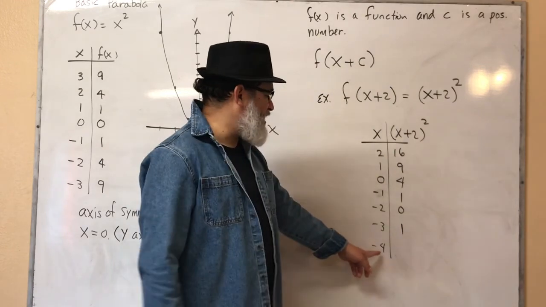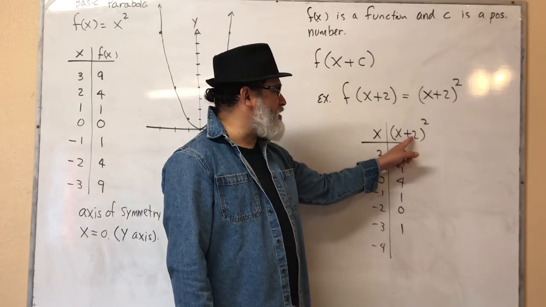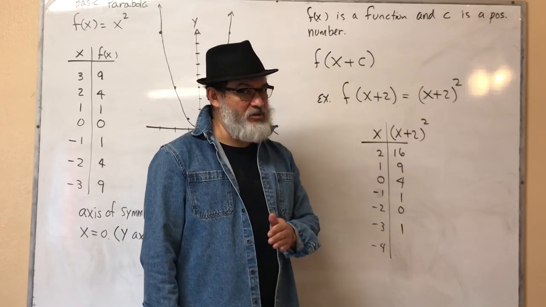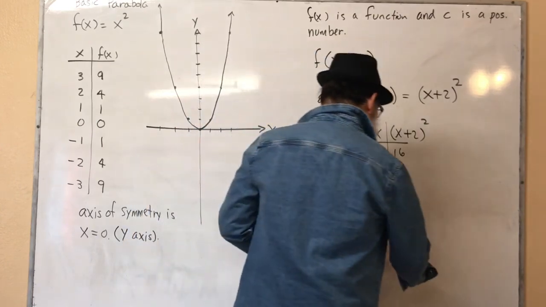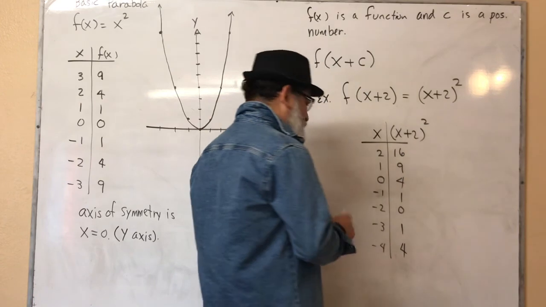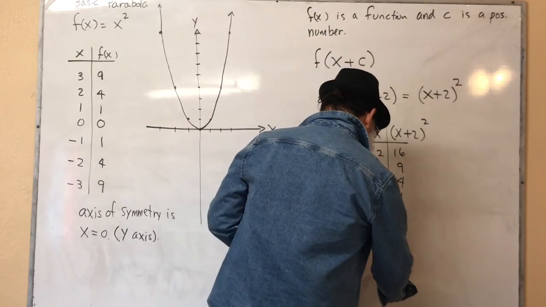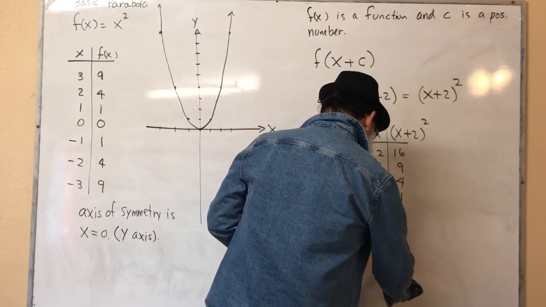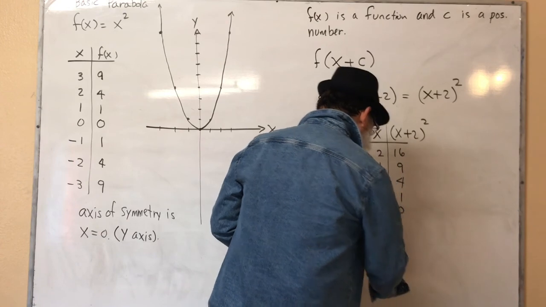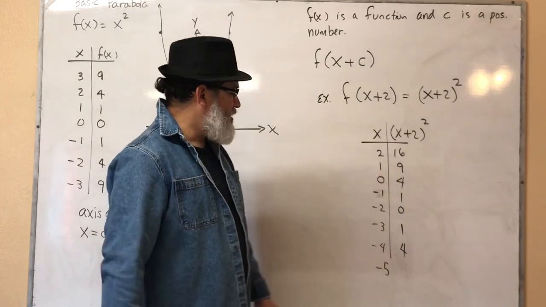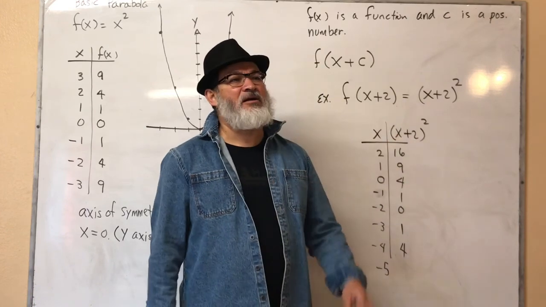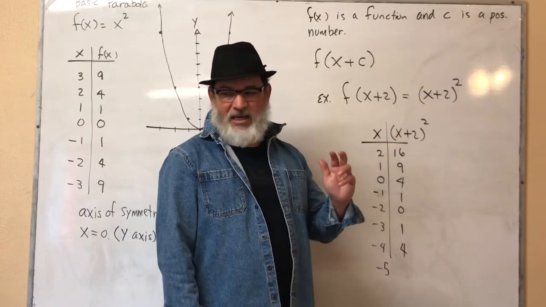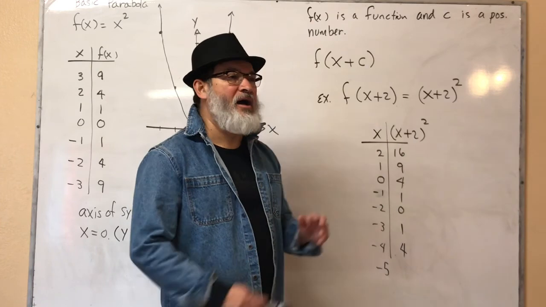If x is -4, what's -4 plus 2? That's -2. And -2 squared is 4. One more. -5, I'm sorry. Let x be -5. If x is -5, -5 plus 2 is -3. And -3 squared is 9.